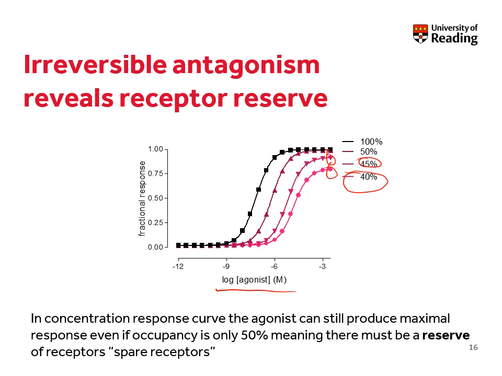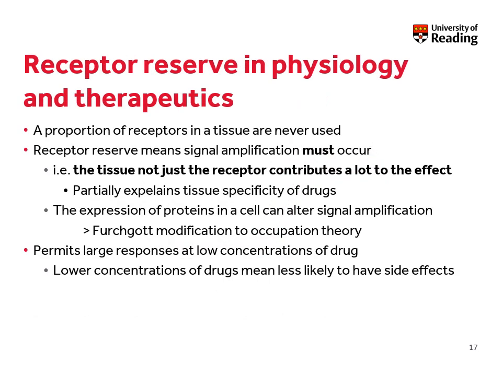In other words, tissues have lots of spare receptors, which on the face of it can seem a bit odd and a bit wasteful, but there are reasons underlying that. So what does receptor reserve mean? Well, it means that in a tissue, in a cell, a proportion of the receptors are never used. They never need to be occupied in order to get that response.